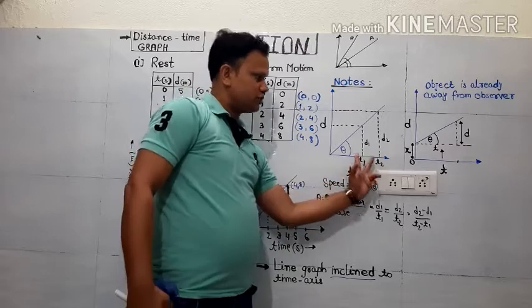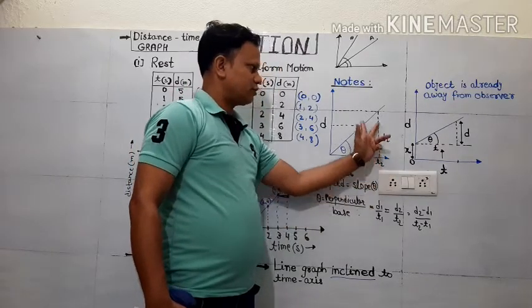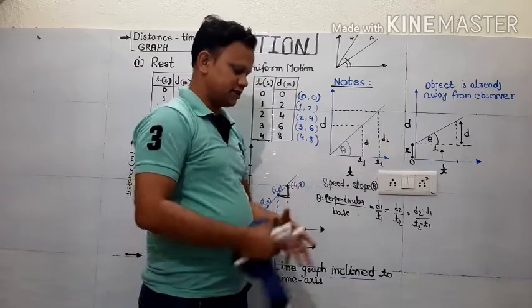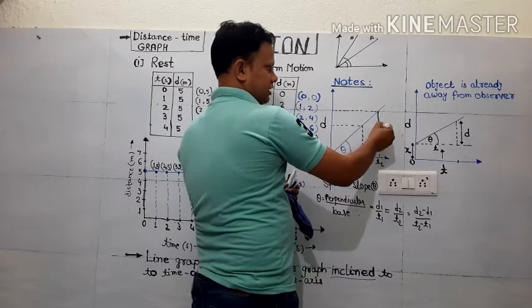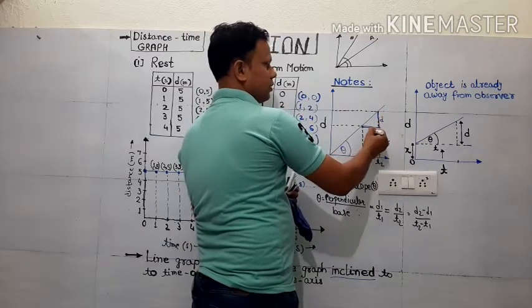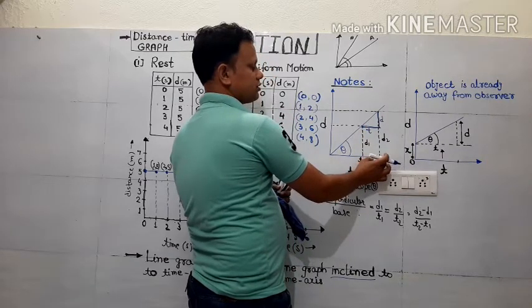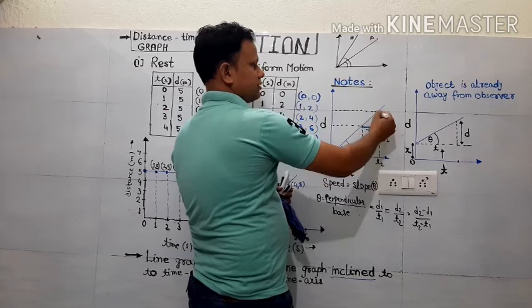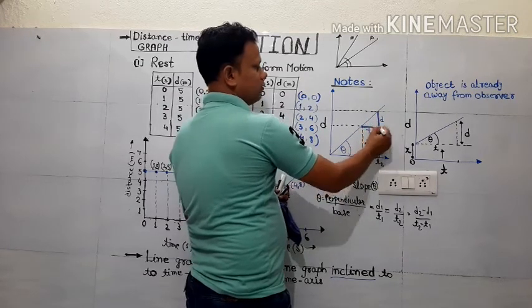In this period of time, what do you have to do? You have to take d2 minus d1, so that you get this much distance traveled in this period of time. So this will be distance upon time. For a particular period of time t2 minus t1, d2 minus d1 will give the value of d, and t2 minus t1 will give you the value of t.